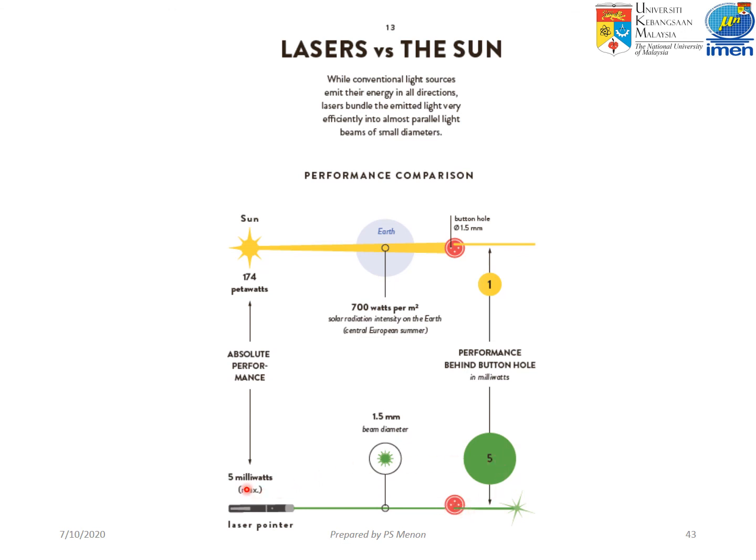You put in 5, you get back 5. This is for a laser pointer. Versus the sun, where you have 174 petawatts and you get only 1 milliwatt, simply because a lot of scattering and losses occur along the path. So anyway, lasers can bundle the emitted light very efficiently in small diameters.